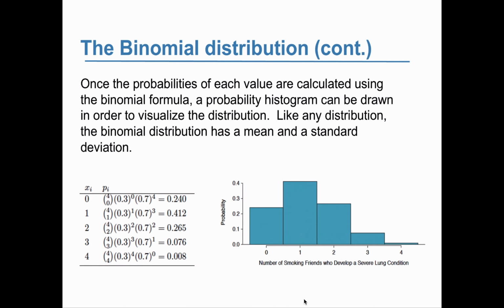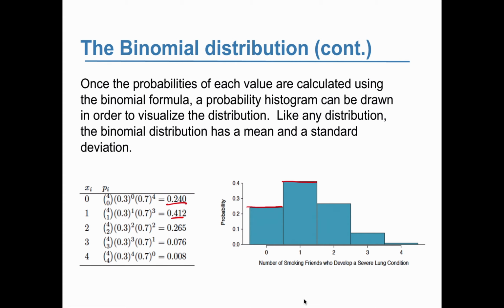Once probabilities of each value are calculated, a probability histogram can be drawn, right? So 0.24 probability of none of them having a lung condition, 0.41 probability of one of them, and so you just make a histogram of the probabilities.